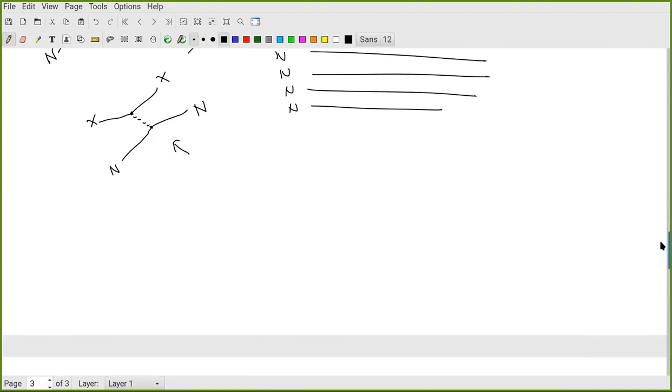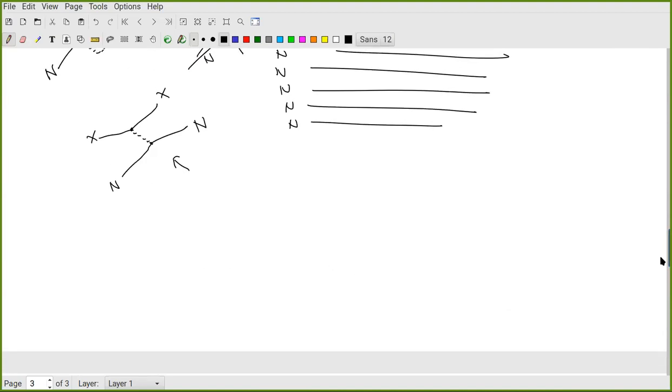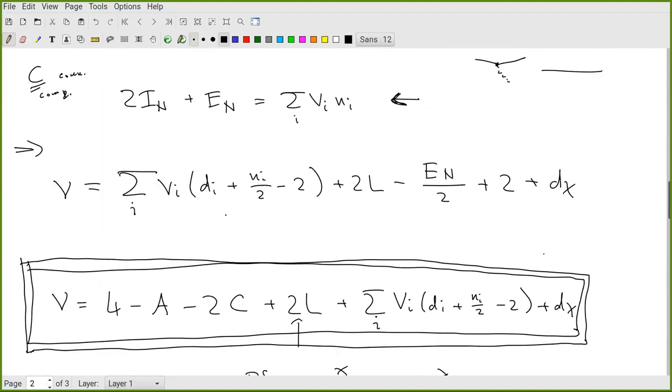V, as in Victor, is just the type of vertices, because you might have different types of vertices. So you might have one vertex with one derivative and two vertices with two derivatives. So that's the number of vertices with these properties. That makes sense. Okay.